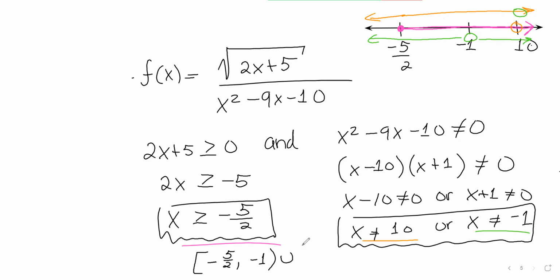Then all of them overlap from negative 1 to 10. And then the orange, the pink, and the green graphs overlap from this interval, from 10 to infinity. So that's what the final answer would look like.